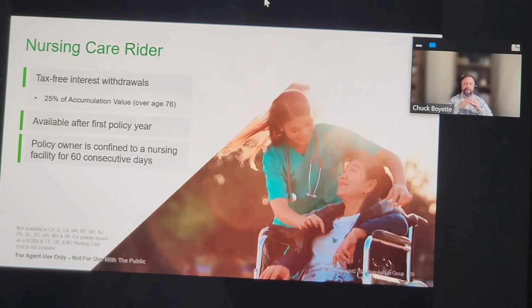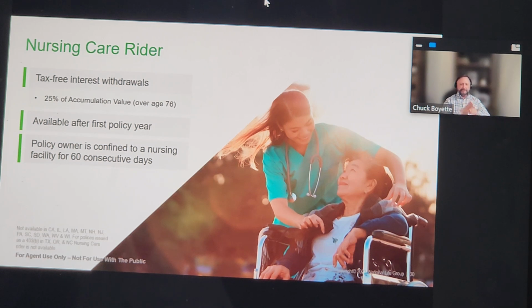The nursing care rider. So the nursing care rider is another way that we allow clients to have access to their money without a fee or penalty. This is on all the single premium deferred annuities, so the Driver and the Zenith products. It's available after the first policy year. And the stipulation is the policy owner is confined to a nursing facility for 60 consecutive days.